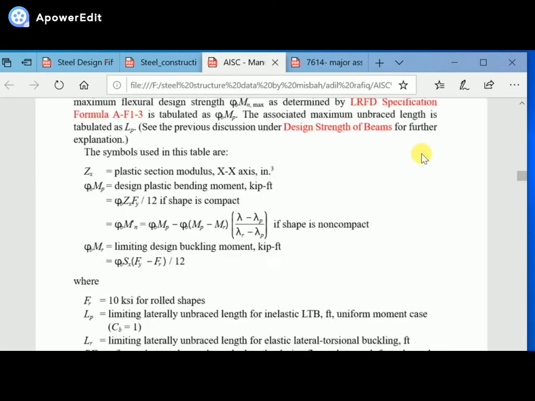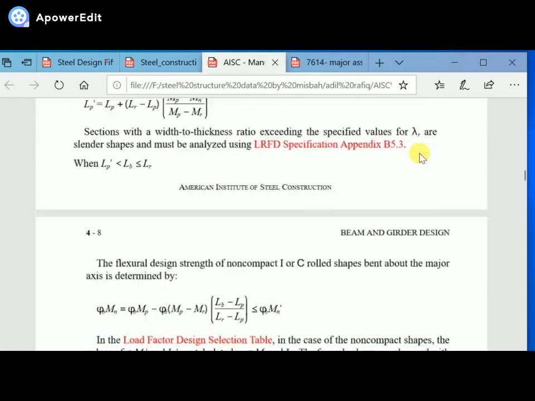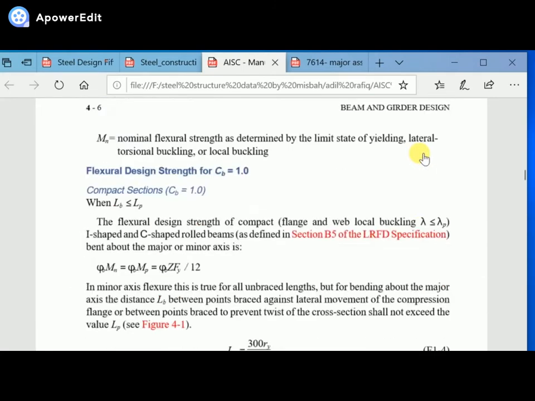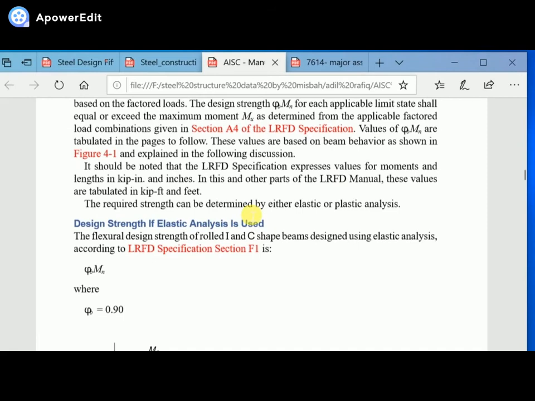Here you see the whole principles, equations and formulas of beam design. This is the topic, design strength of beams. These are general, students can read this, but I will just give you a summary of this whole topic.